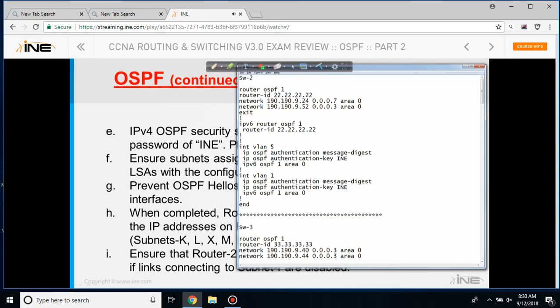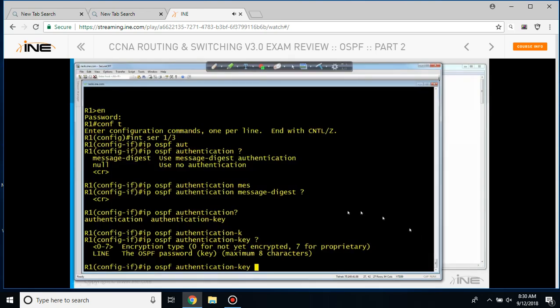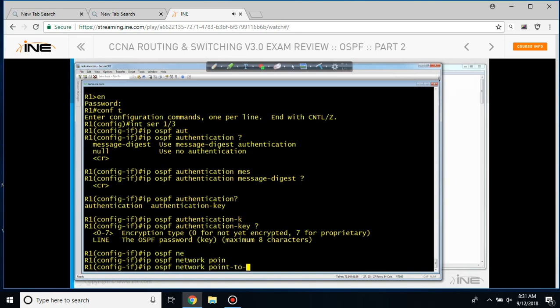I didn't make my loopbacks point to point. Without doing that, they'll just be advertised as /32s. And that command is IP OSPF network point to point.